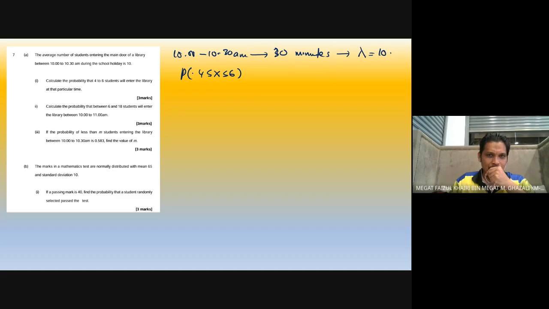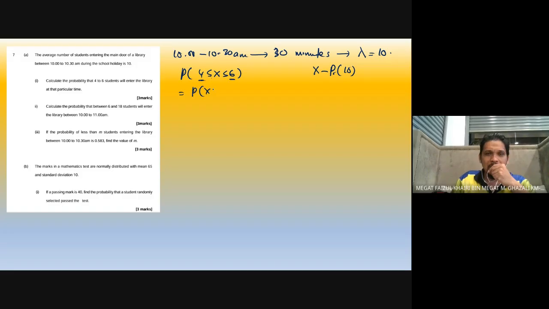Okay, so this time x is Poisson distributed with lambda equal to 10. So the probability of 4 to 6 students entering the library. This includes 4 and includes 6.